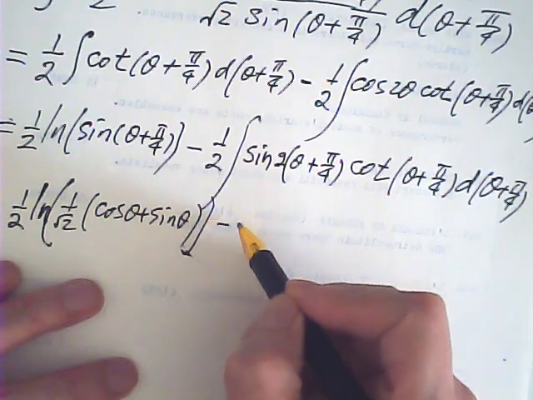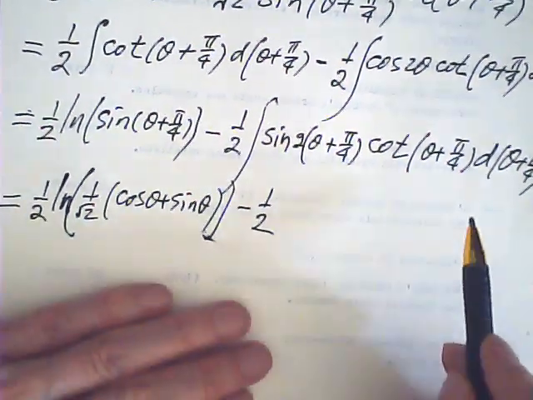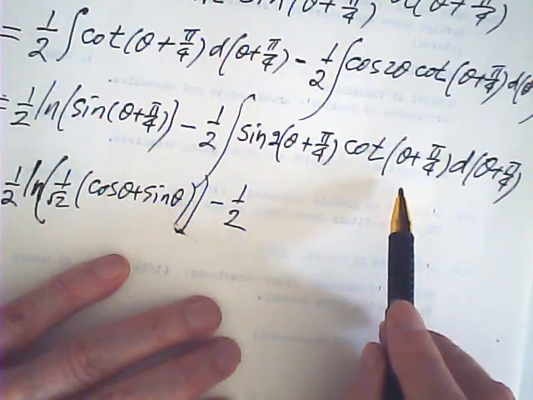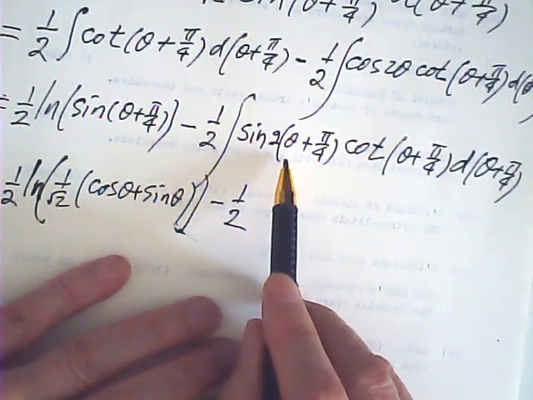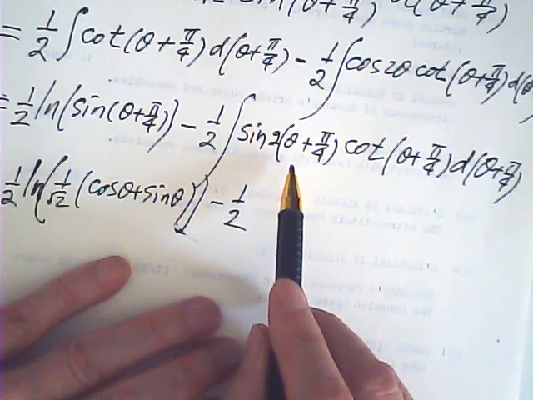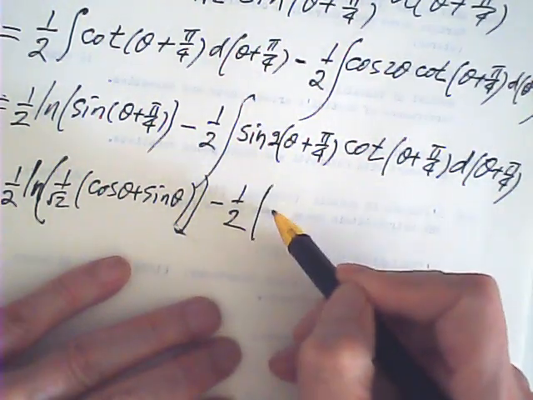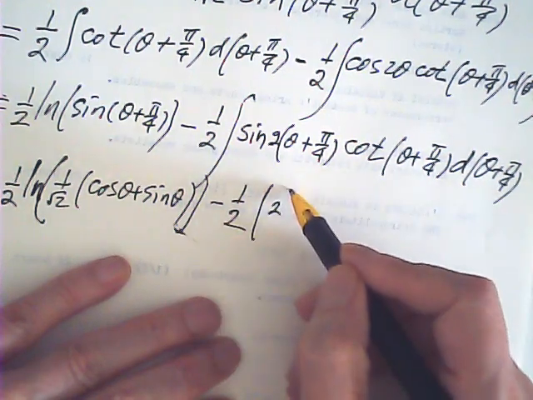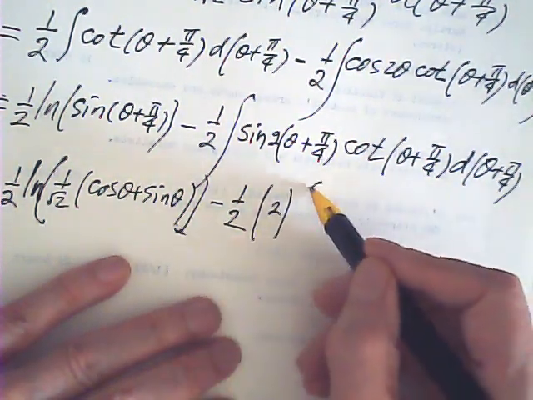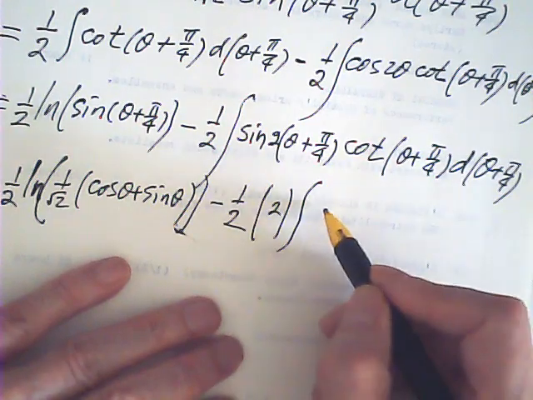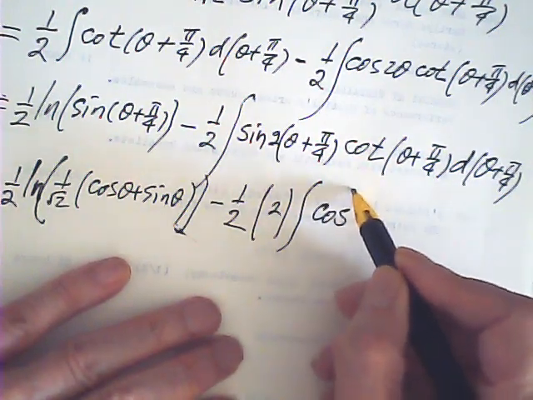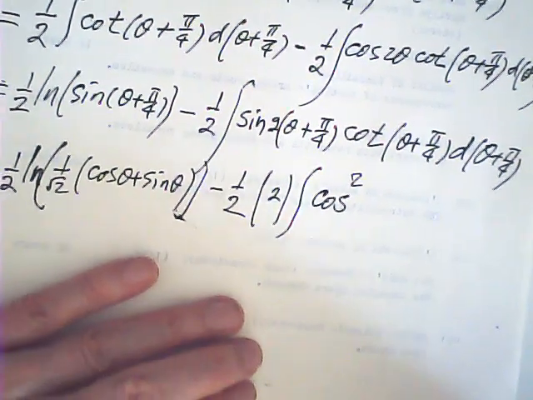And minus 1/2. Cotangent is cosine over sine. This is 2 sine cosine, so it becomes 2 times the integral of cosine squared, right?